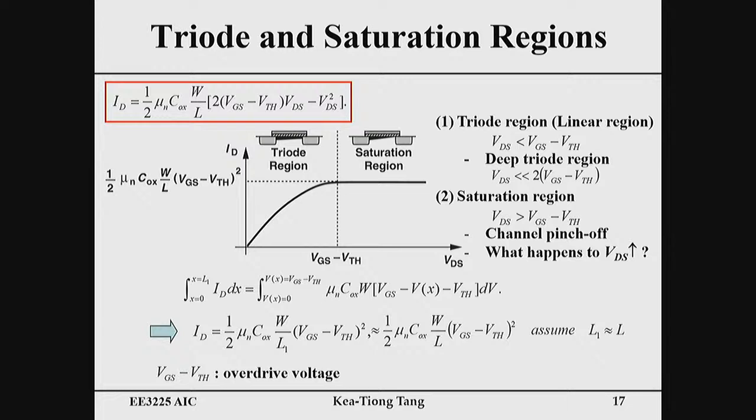The only difference is L becomes L1. So if we assume that L1 is very close to L, then the drain current after pinch off will be more or less the same as the current at pinch off. So it will be a constant current.